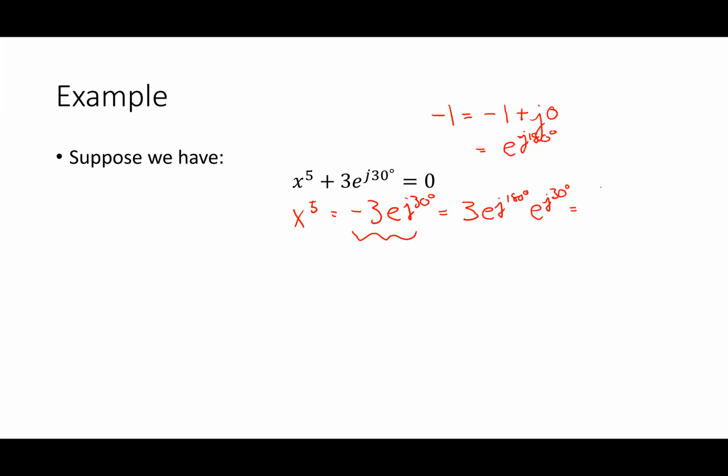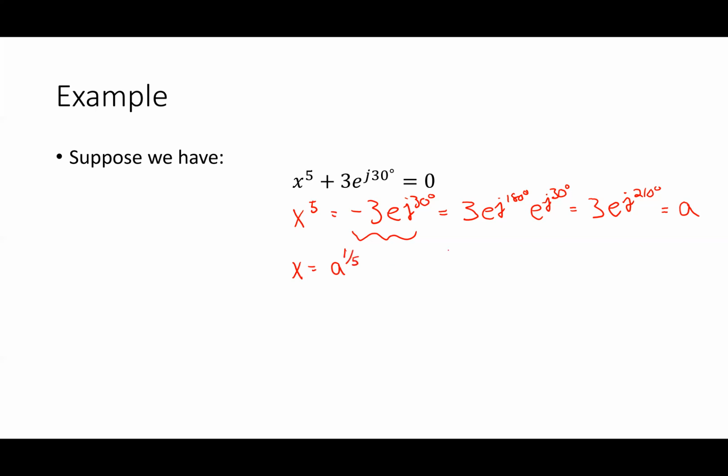Yeah. Okay. All right. 3e to the j 210 degrees. So now that's what x to the 5th equals. The way I look at this is, let's just call this a. That tells me that x equals a to the 1/5.